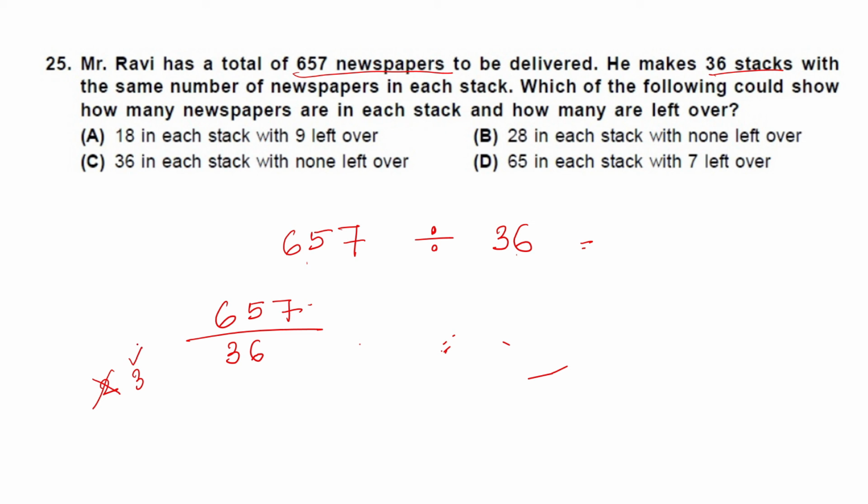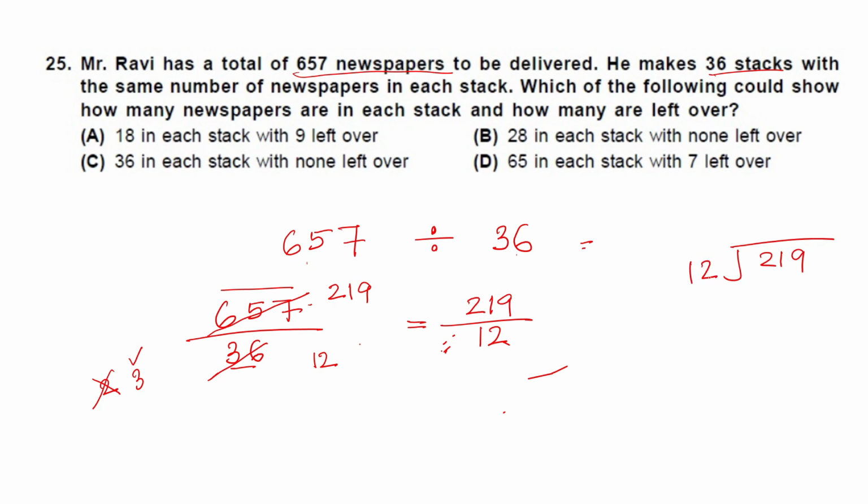It can be divided by 3 because if you sum up these numbers, they turn out to be a multiple of 3. So let me divide by 3. So this equation can be reduced to 219 divided by 12. Now this is an easier division for me.